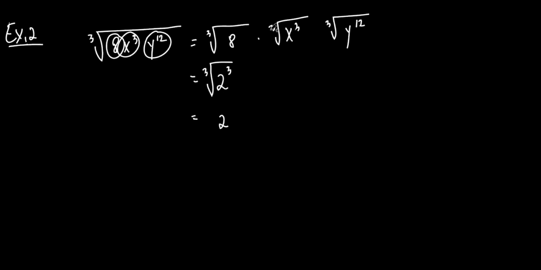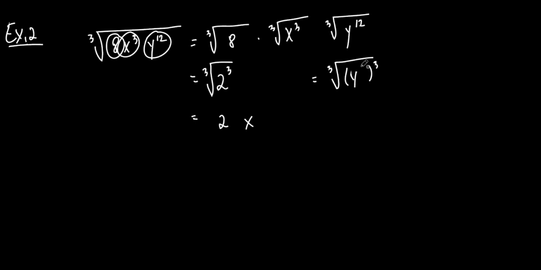What about here? I got a cube root and I got something being cubed right here. What happens there? They cancel out. So what am I left with? Just an x. You with me? Let's do that intermediate step right here. Could I write y to the 12th so it's something cubed? What cubed is equal to y to the 12th?